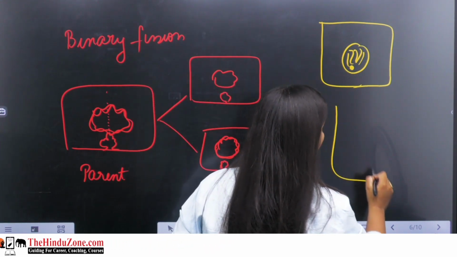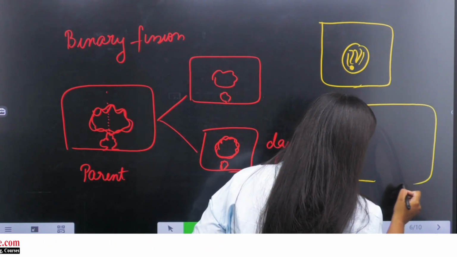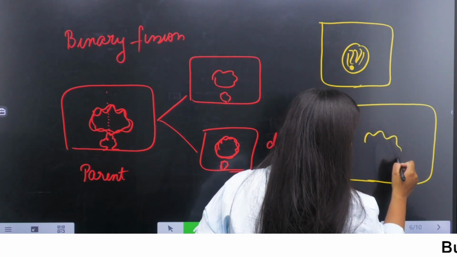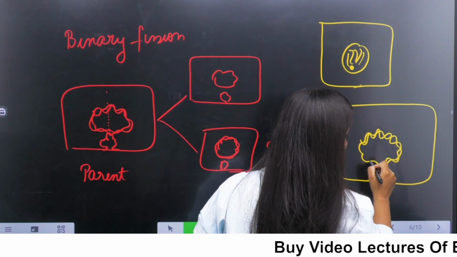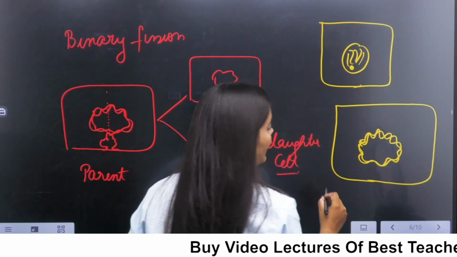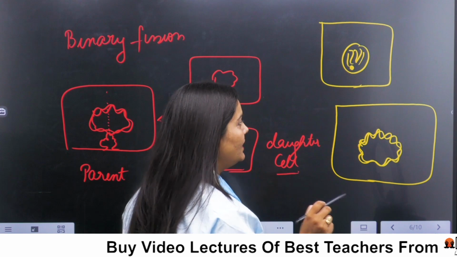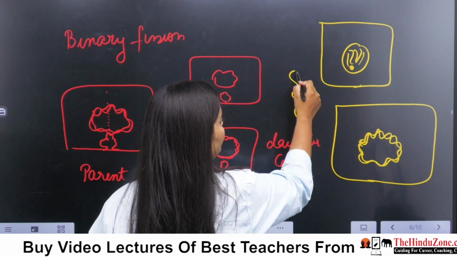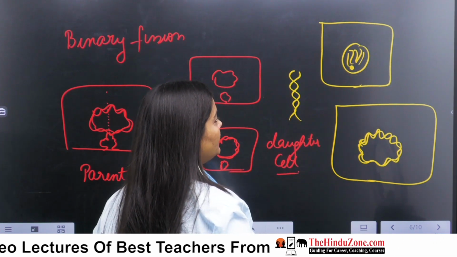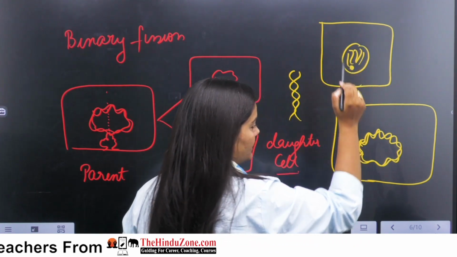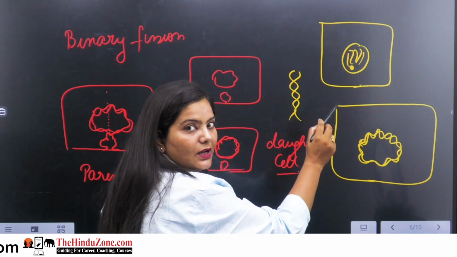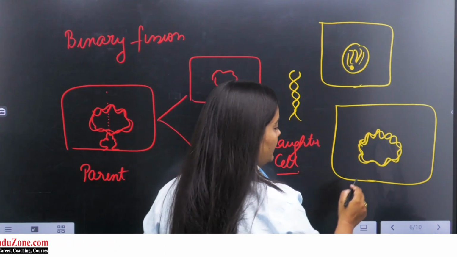So in a prokaryotic cell, the DNA is circular in shape, and that too is just a single piece and is double-stranded DNA. Suppose this is one strand of DNA and this is the second strand. I am showing a linear DNA, which is a characteristic of eukaryotes. But in a prokaryotic cell, a bacterial cell, a circular DNA is present.